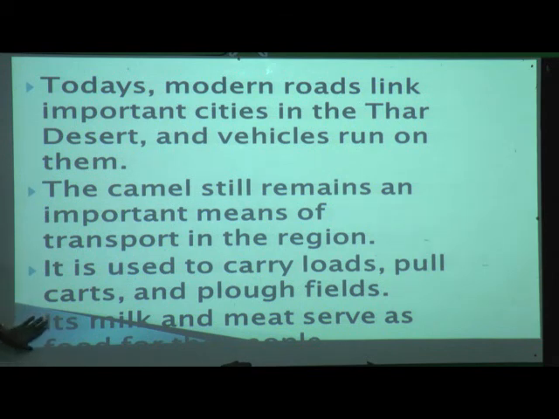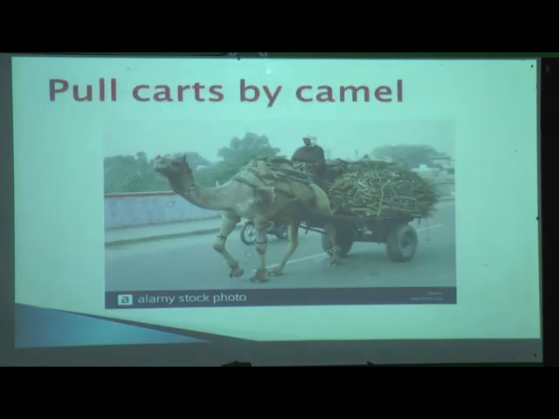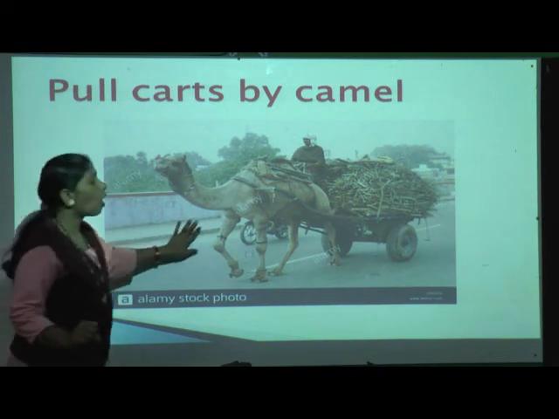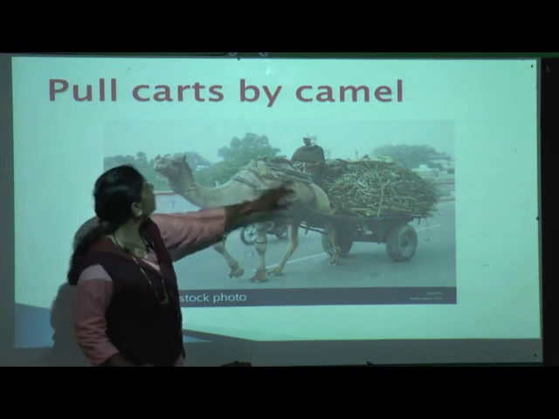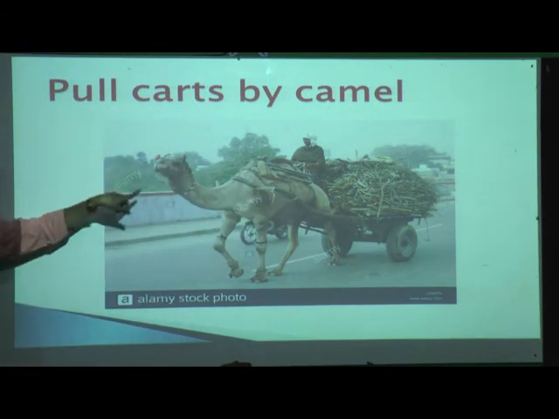They drink it, and camel meat serves as important food for the people. Pulling carts, as with a bullock cart or horse, we know that a camel also pulls carts.